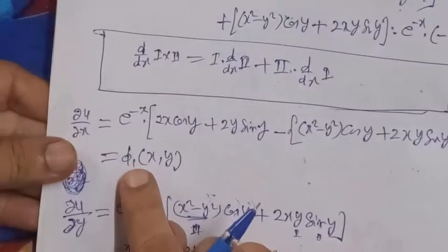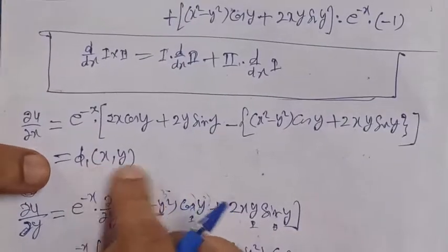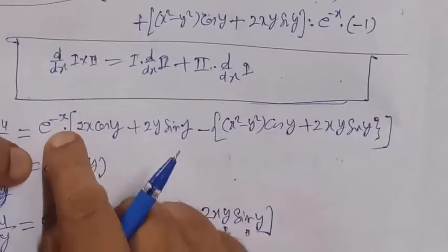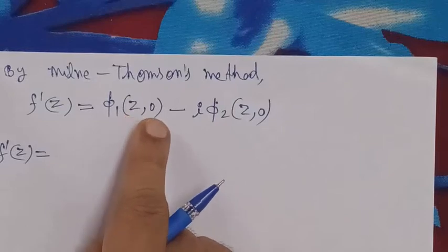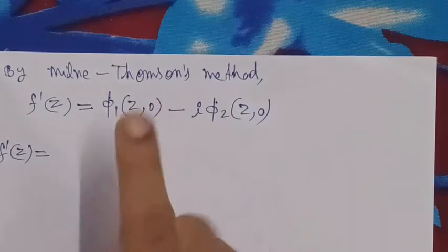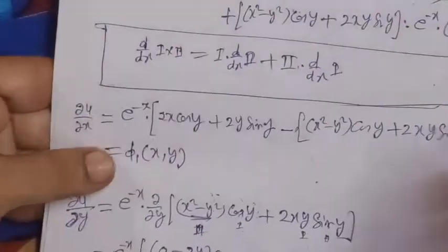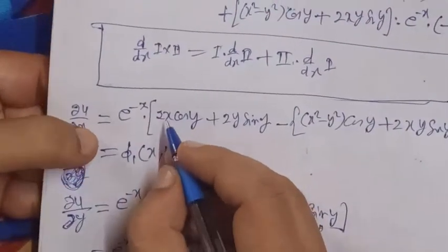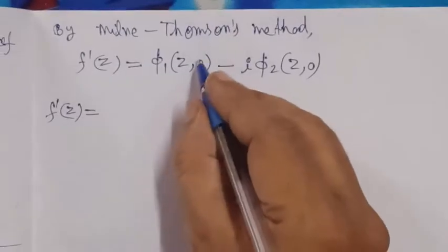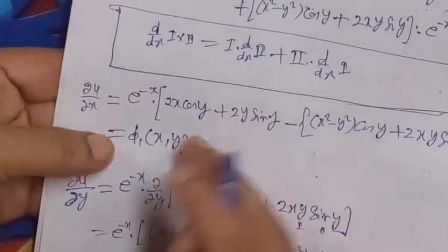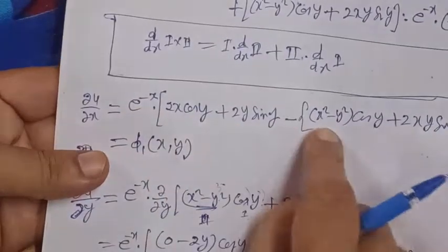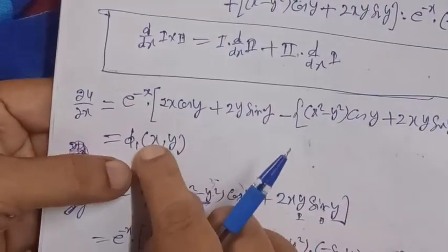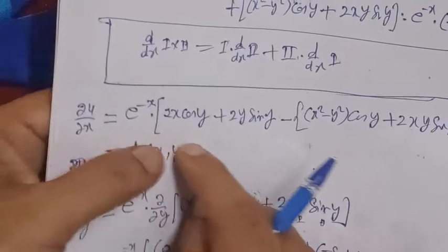Here we have φ1(x, y), which is equal to this value. Here we put the value of φ1(z, 0), so we put z in place of x and 0 in place of y. So we write all values of this function φ1 by replacing x by z and y by 0.